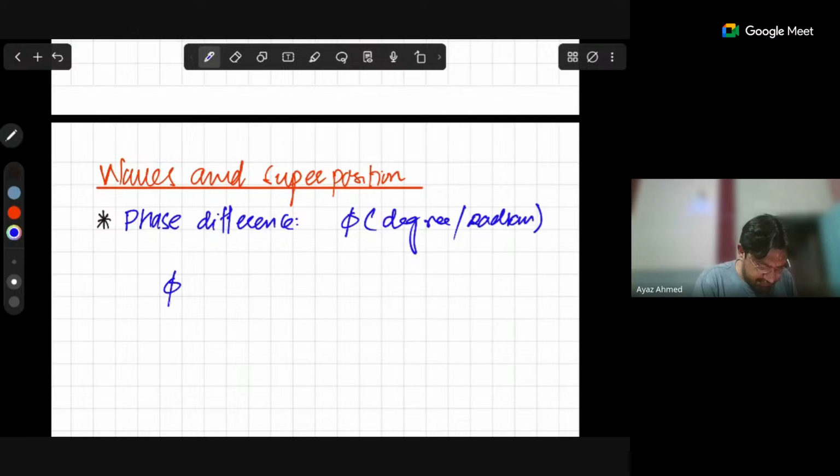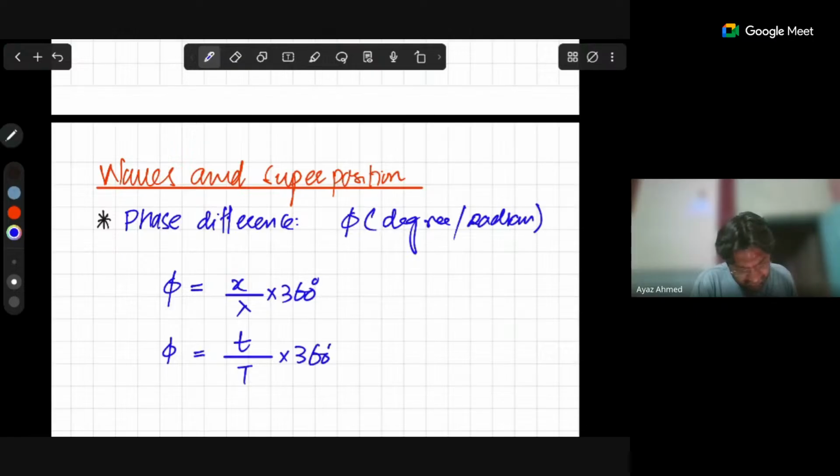Its formula is phase difference equals x divided by lambda into 360 degrees, or phase difference equals t divided by capital T into 360 degrees.